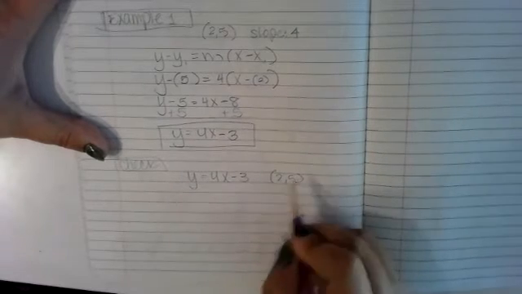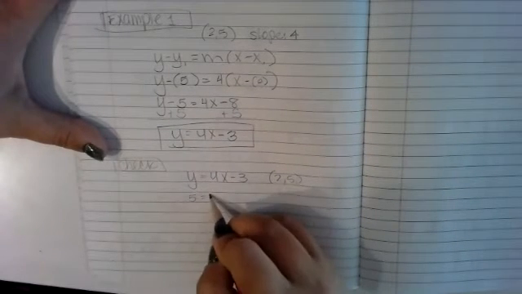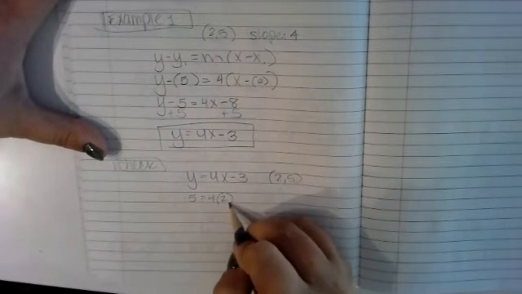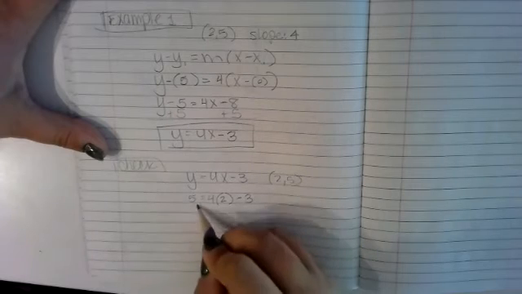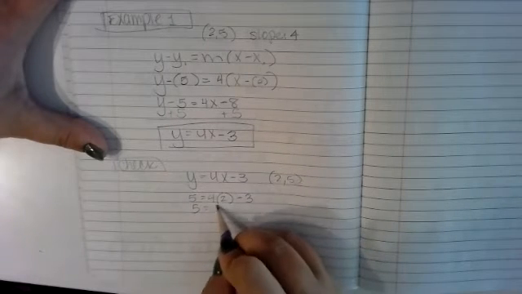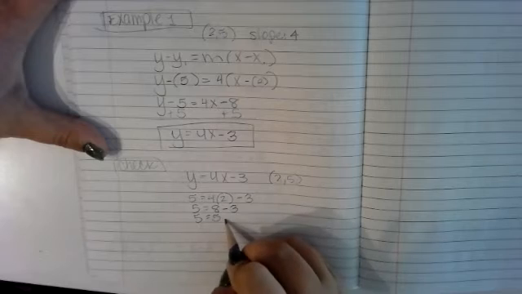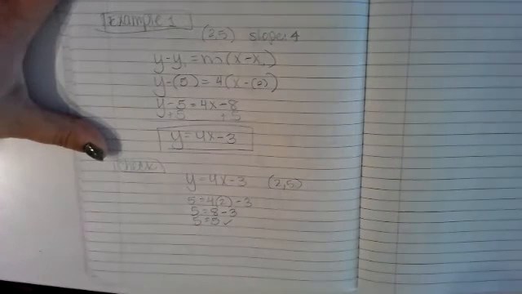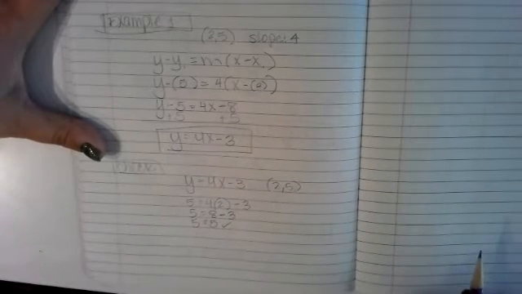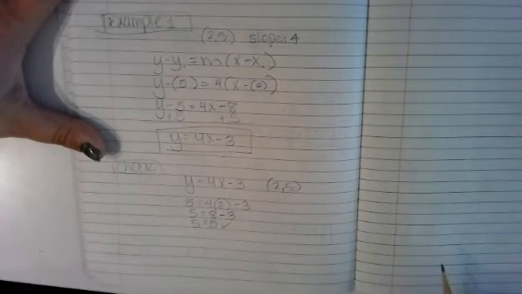So my y here is 5, so I would have 5 equals 4, substitute 2, minus 3. 5 equals 4 times 2 is 8, minus 3. 5 equals 5. Yep, that's true. And that's how you get to the equation of the line in slope-intercept form.